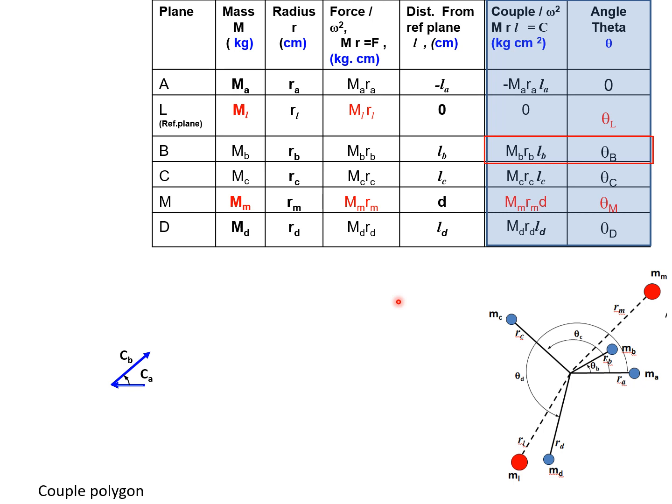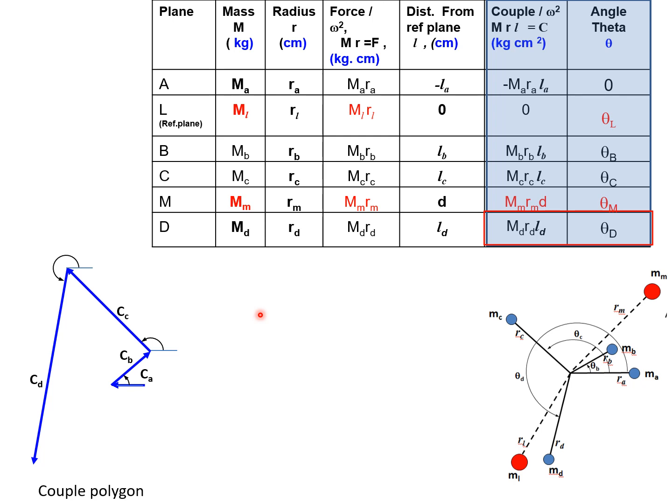Then once again we go for MCRCLC. The length of the arrow will correspond to the magnitude MCRCLC. The angle will be theta C, measured from the horizontal in the anticlockwise sense. Again you should notice that the next arrow was made from the arrow of the previous vector. And with the same procedure we will draw MDRDLD.